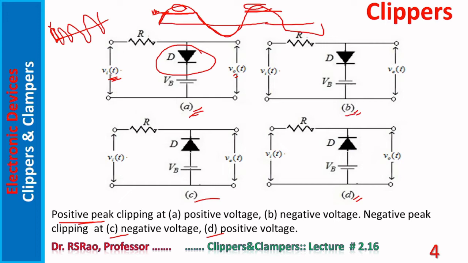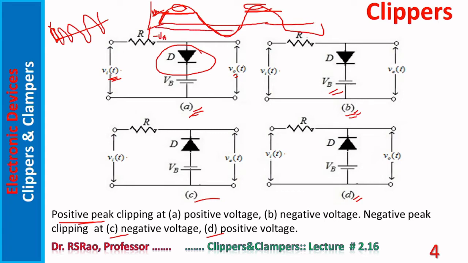In circuit B also, function of the clipping is done in the same manner. Here, clipping starts at a negative voltage. Here, clipping is at VB positive voltage, whereas in B, clipping is at negative voltage minus VB.